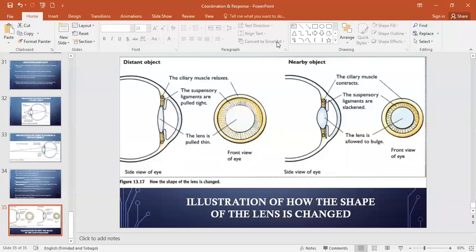Okay, so the first part: when the ciliary muscles relax to produce a thin lens, when do you all think that will happen? When you are focusing on a distant object or when you're focusing on a nearer object?